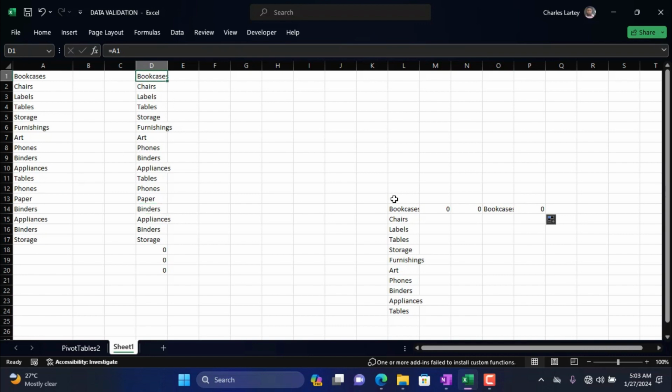But when we move to a different column, you see that the column has changed, and the row still remains because we haven't moved down a row. We are moving only across columns, so it will also move across columns. When we move down a row, then the row will also change.